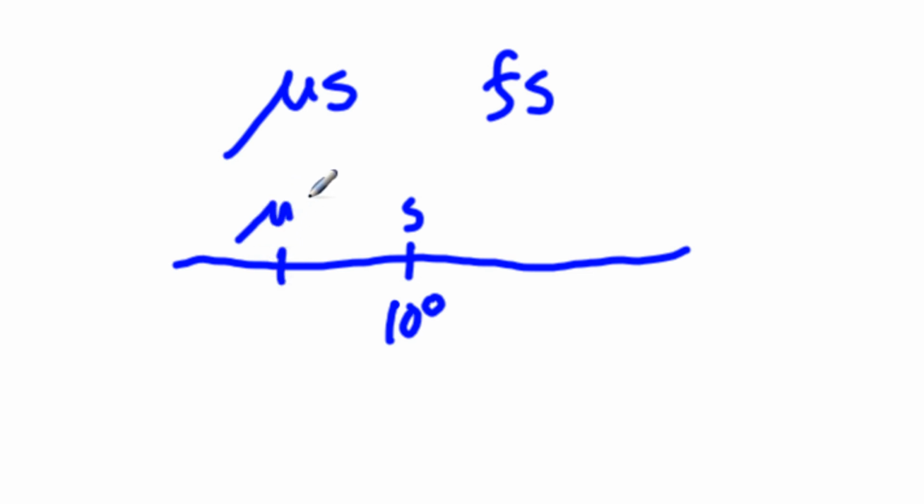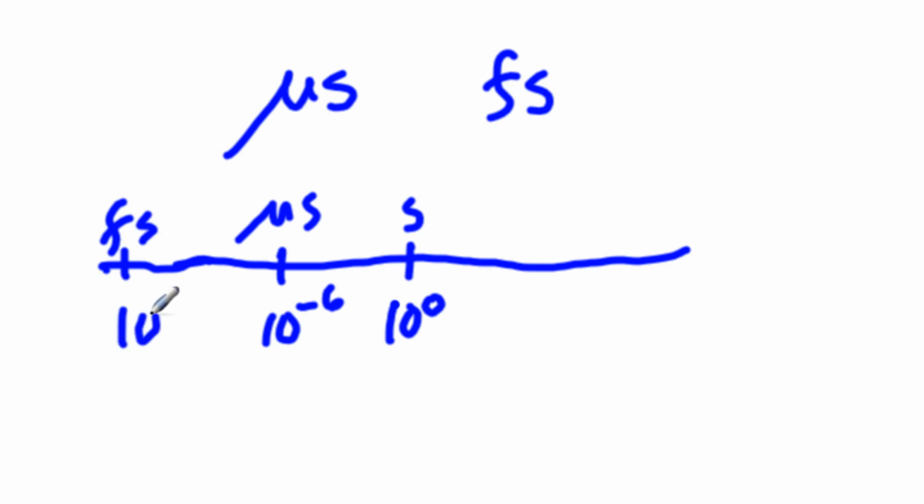The microsecond is 10 to the minus 6, and the femtosecond is 10 to the minus 15th. From 10 to the minus 15th to 10 to the minus 6, how many powers of 10 do we have? 10 to the 9th. And again, I always want to express it as a positive power of 10.